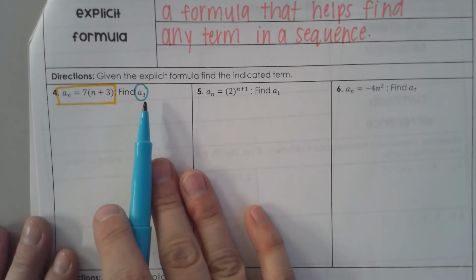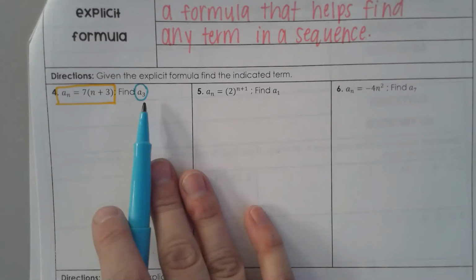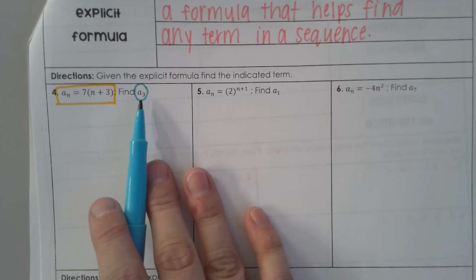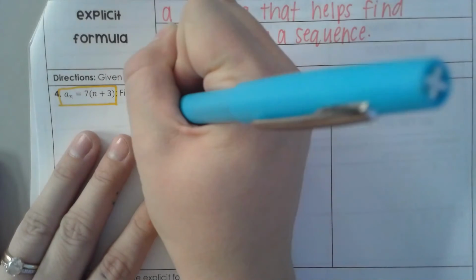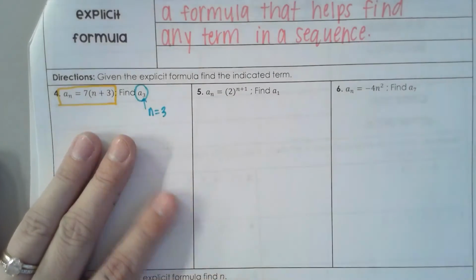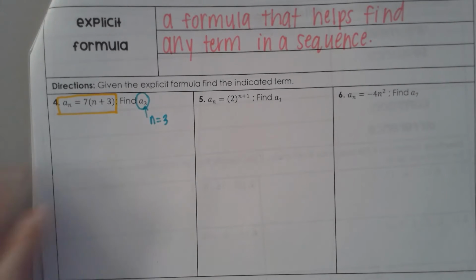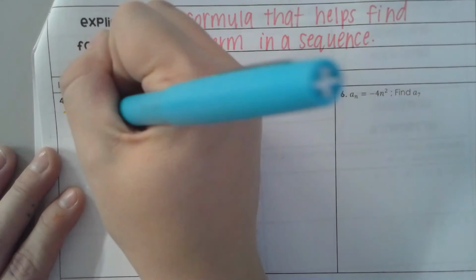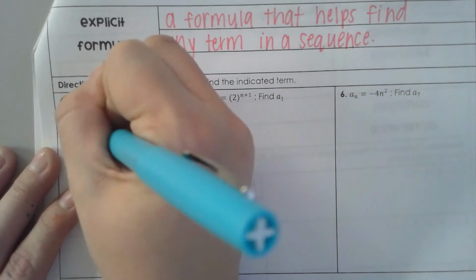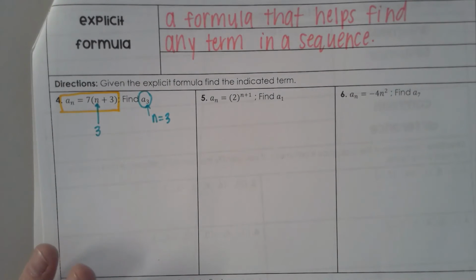It does represent the third term, but what little letter did we write by the n? So this means that my n is 3. We're talking about the third term, so n is 3, which means I'm going to plug in a 3 where there's an n.